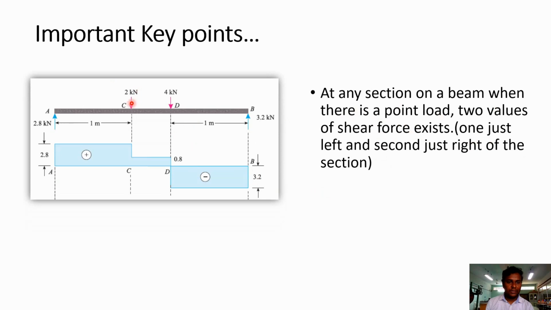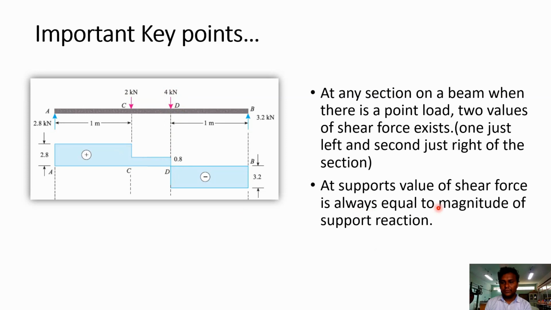So if we observe here at a point C, we have a point load of 2 kilonewton. Here we can see there are two values of the shear force in the respective shear force diagram. At the same time, if you observe this 4 kilonewton load at a point D, we can see there are two values of the shear force. One value will be just left of that section and the second will be just right of that section.